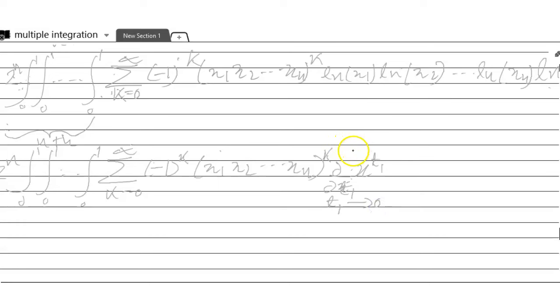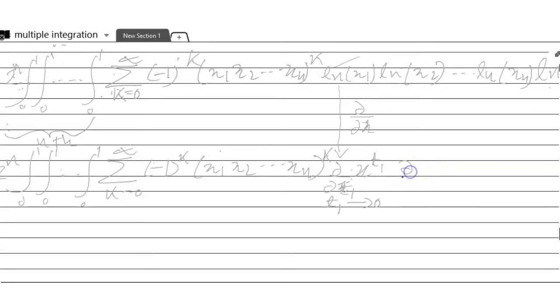Because friends, in this type of problem, when ln x is here, it gives derivatives: 1 ln means one derivative and 2 ln means double derivative, ln square. So I apply this as ln x is here.